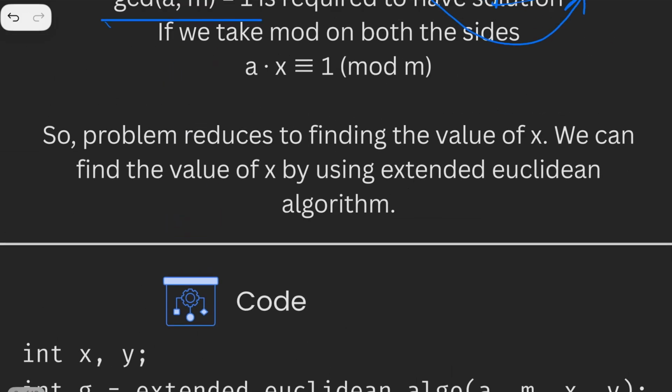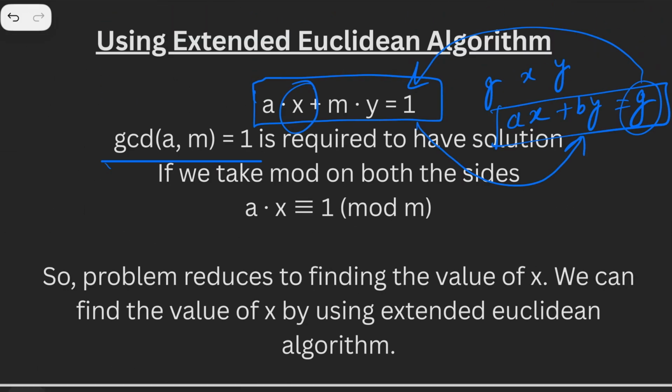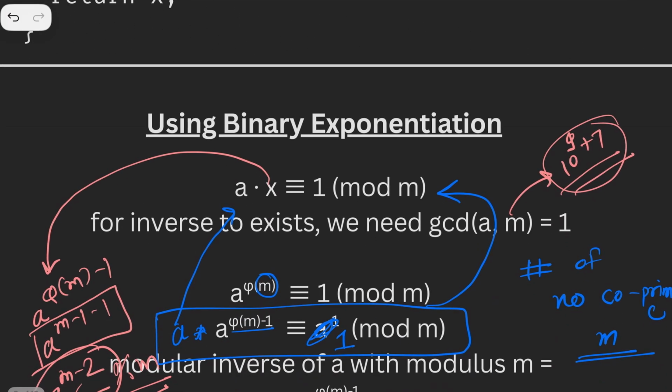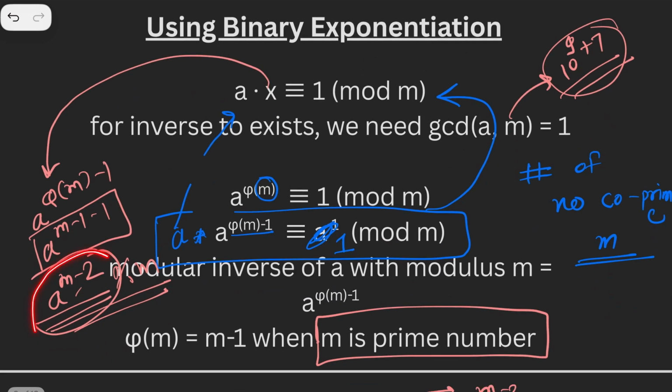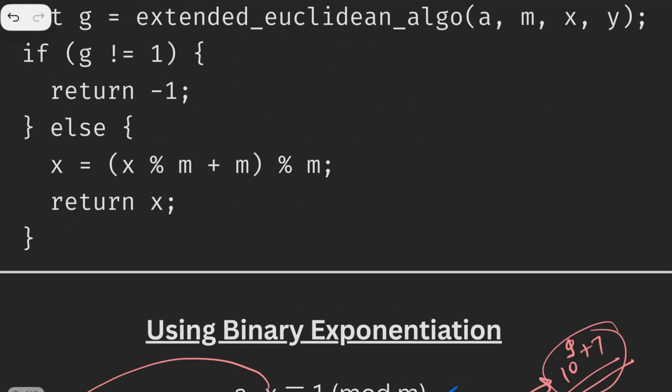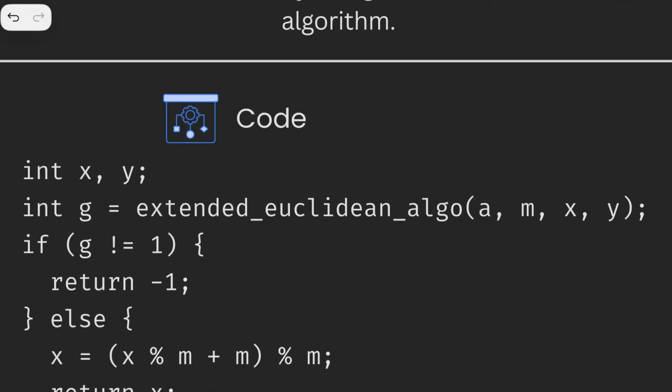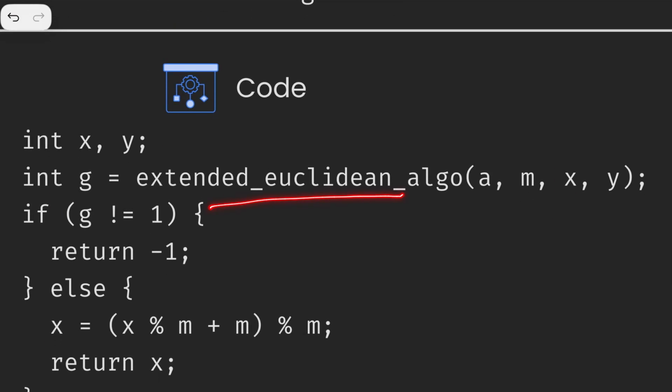But if it's not, you can directly use the extended Euclidean algorithm, and it's very easy to code as well. The Euler totient function is also very easy to code. That is a separate topic altogether. But this makes sense, right? If m is a prime number, go with this approach. You can directly compute a to the power m minus 2 mod m. And if m is not a prime number, then go with the extended Euclidean algorithm, because it also checks the GCD as well.